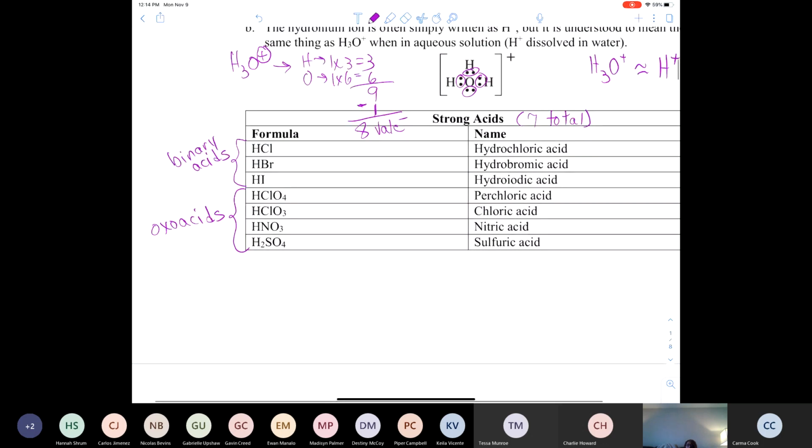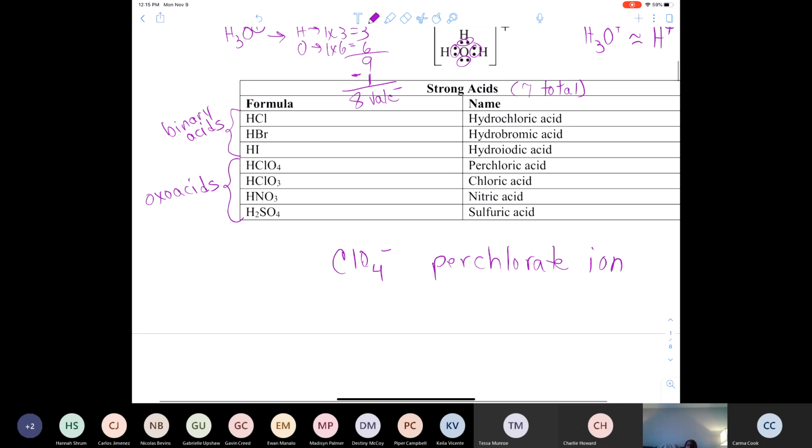And then for the oxo acids, they're based on their polyatomic ion. So ClO4 minus, for example, is the perchlorate ion. And so the acid HClO4, you drop the ate ion and you replace it with ic acid.